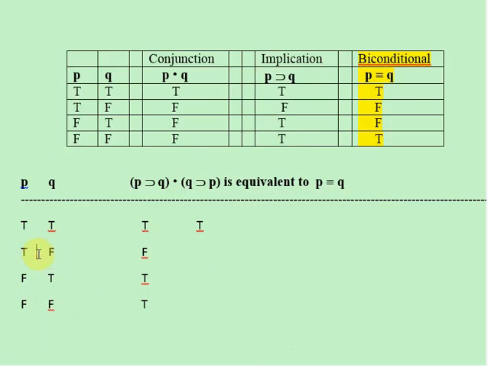Well, that basically is another way of saying that the antecedent is false and the consequent is true. And that would be actually the third row over here. Well, the whole thing still ends up being true, right? So I would put a T over here.